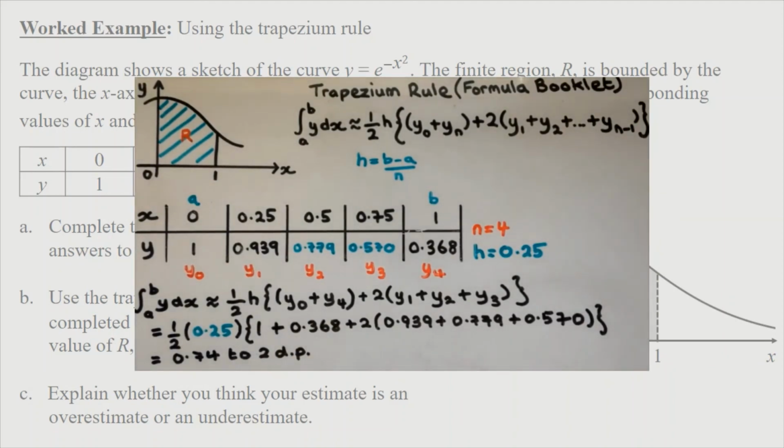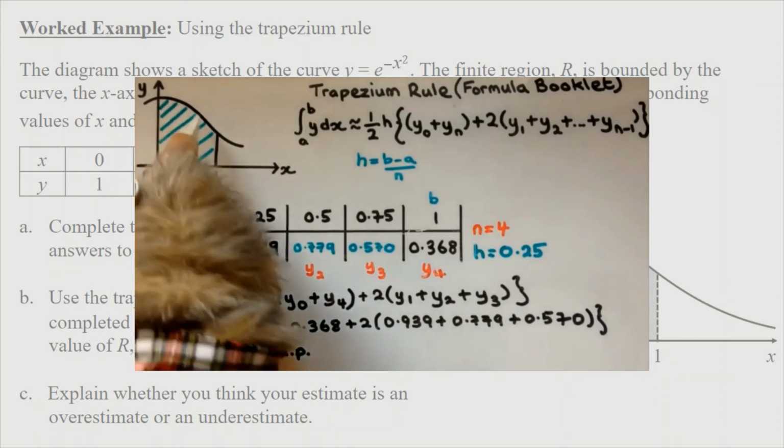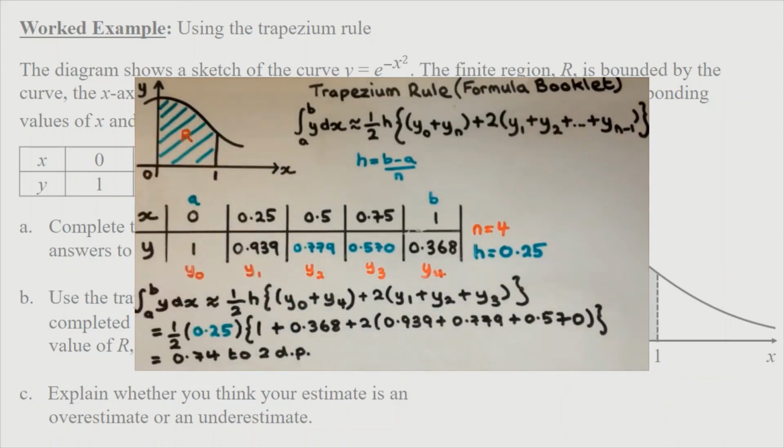And we're asked to state whether we think this is an overestimate or an underestimate. Well, in a moment I'll show you a slightly better answer. But if you look at the shape of the graph, it's concave. Okay, so if you're joining up nodes on the curve using straight lines, it's going to underestimate the curve. Now I could just do this really crudely on the diagram.